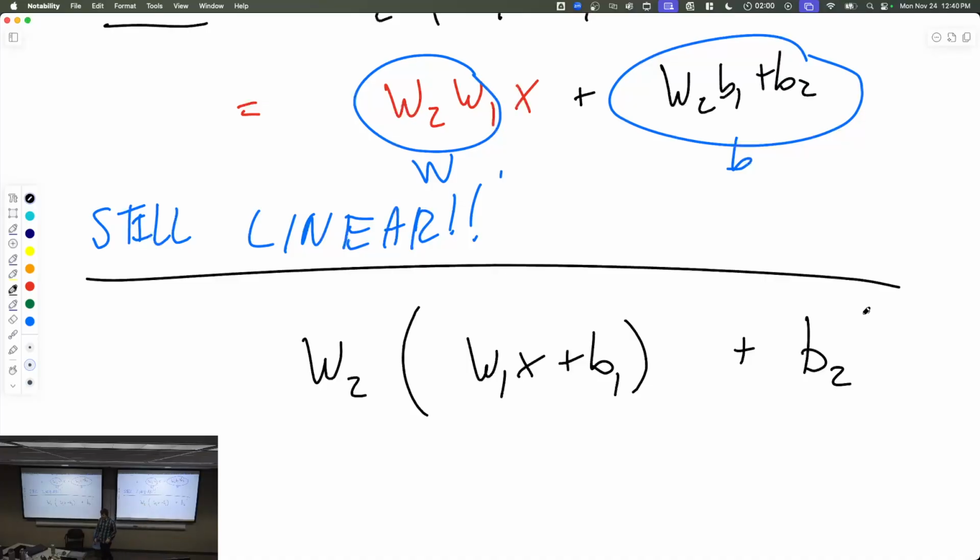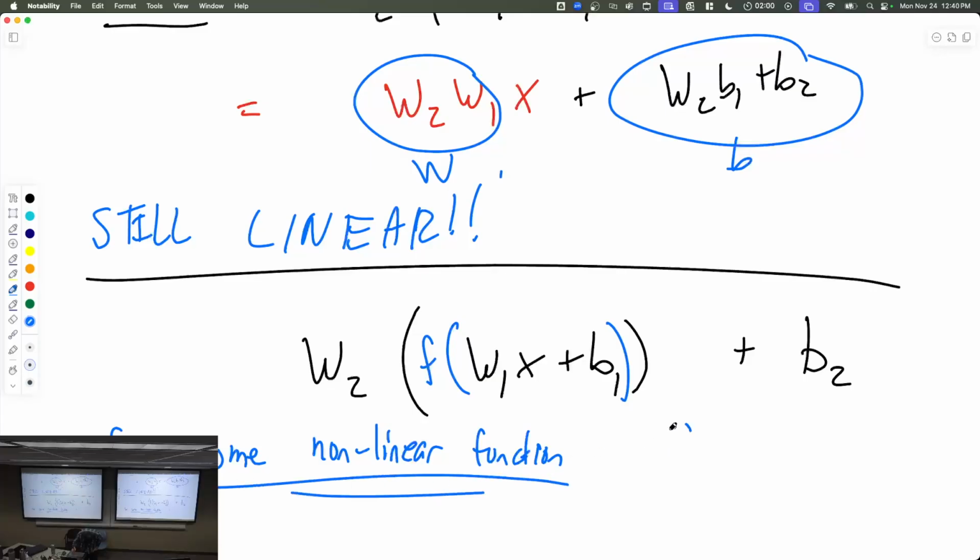So the only thing you have to do to make this better is just insert a little function right here. Let's call it f for function, for some nonlinear function f. So as long as you apply a nonlinear function in between these layers, that will break the product.